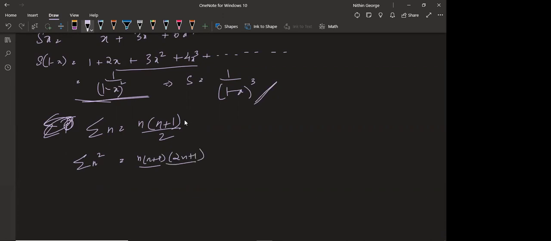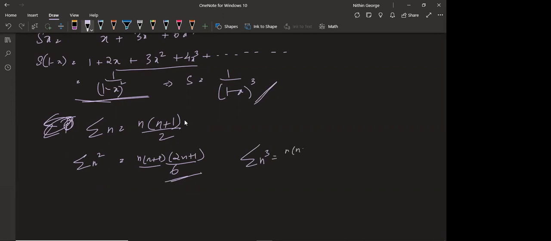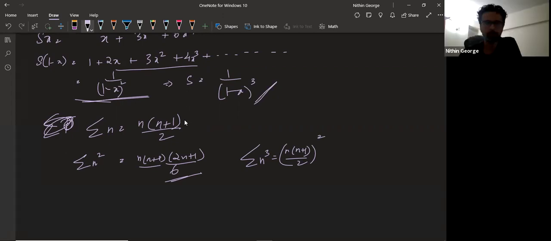Summation of n cube is n into n plus 1 divided by 2, the whole square. So this can be written as summation of n, the whole square. We can write it this way.